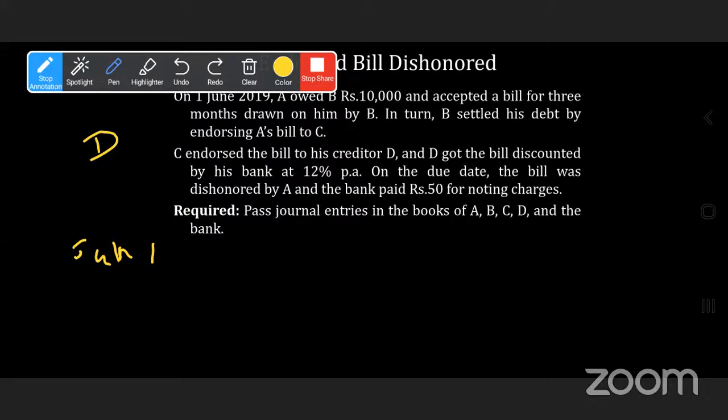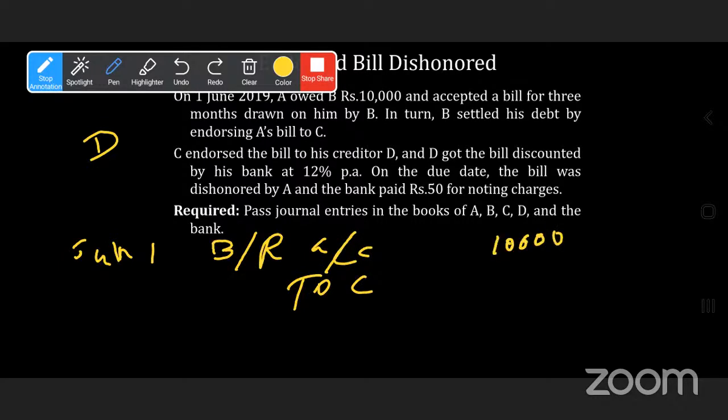Bills receivable account debtor to C account, 10,000.